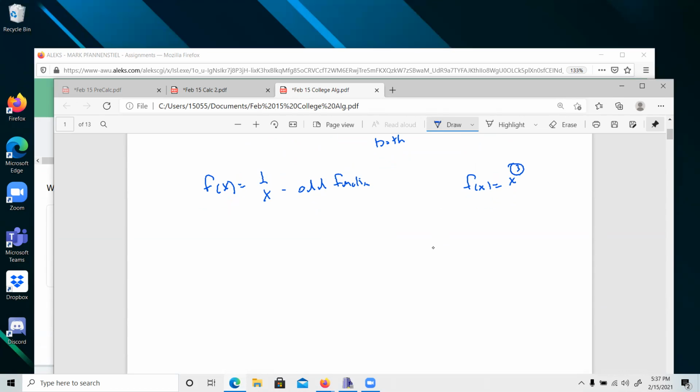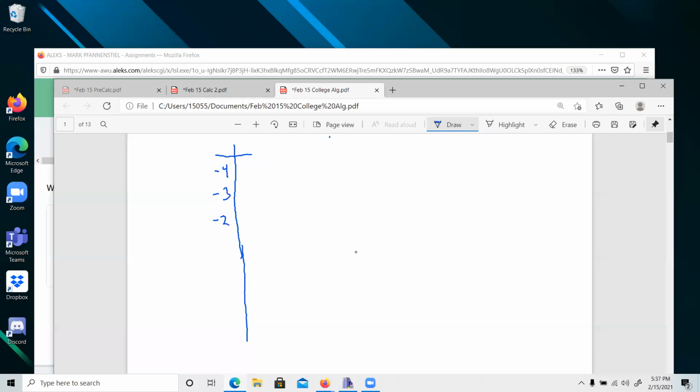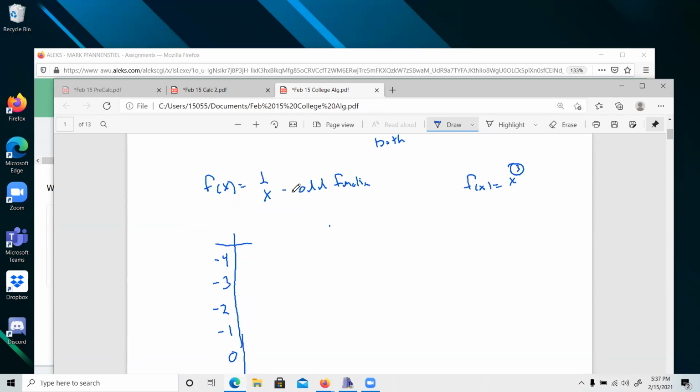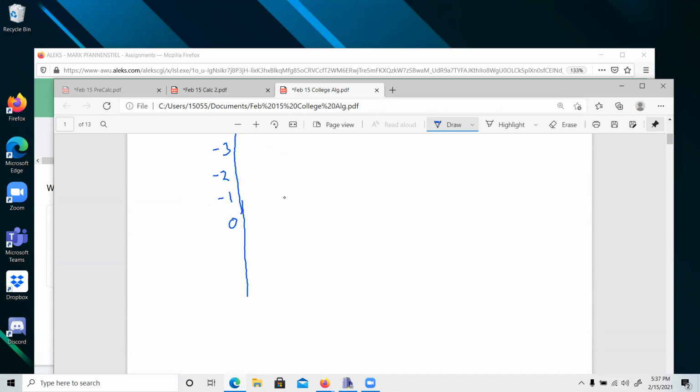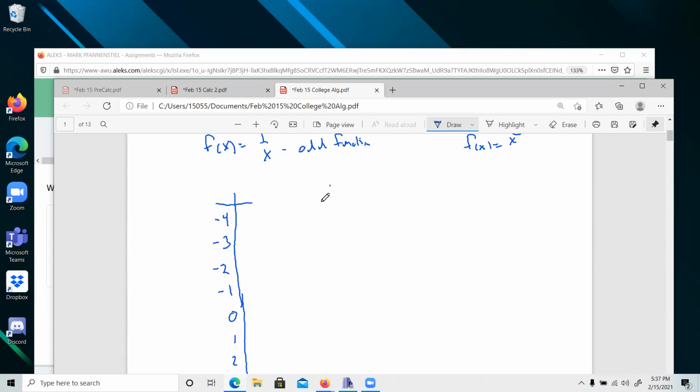So let's see here. Let's draw a little t-table first. All right, and then see what we're going to have. So I'm going to come down here, and let's go with -4, -3, -2, -1. I'd say 0, but I think we're going to be in trouble with 0. So 1, 2, 3, and 4. We're just doing 1 over x for these.